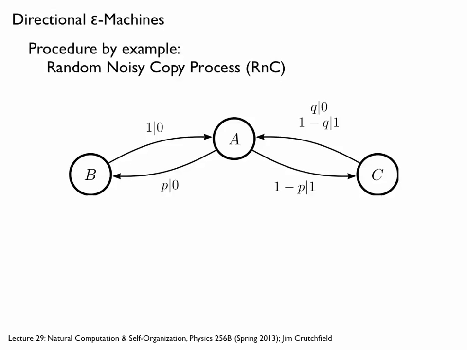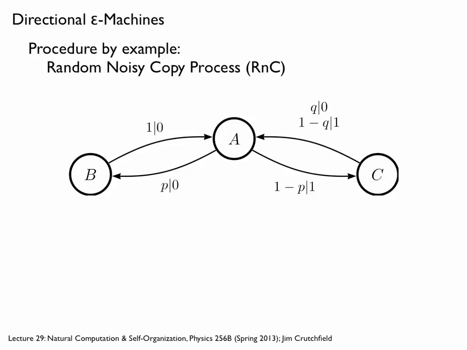Okay, so the random noisy copy process, that was one of the examples we used last week when we were talking about the mixed state presentation, so it should be a little bit familiar. This is actually going to fill in some of the numerical details. So we flip a coin from A, we go to B on a 0 and C on 1, and then in either case we always return back to A on the next time step.